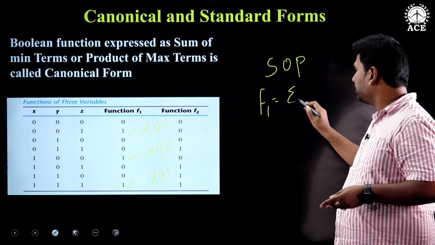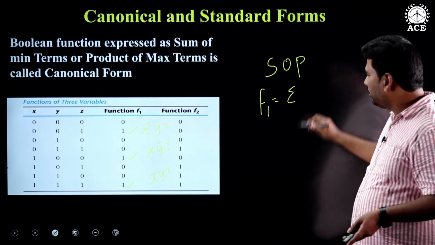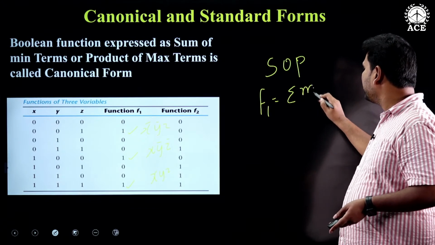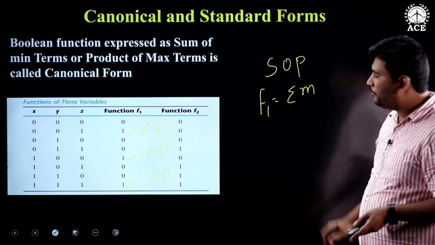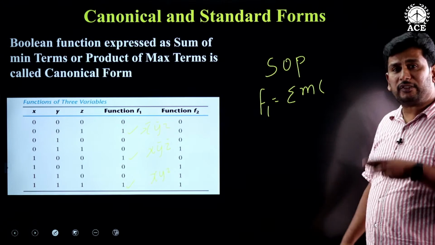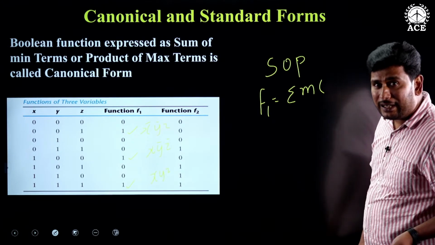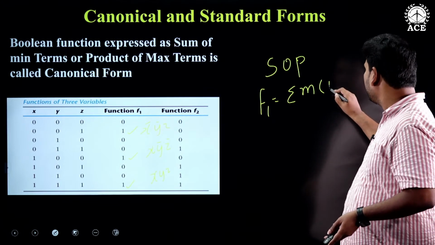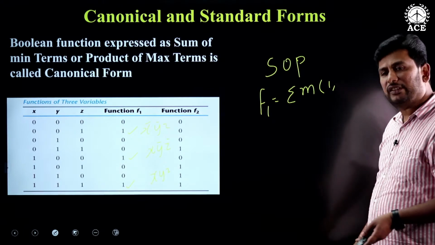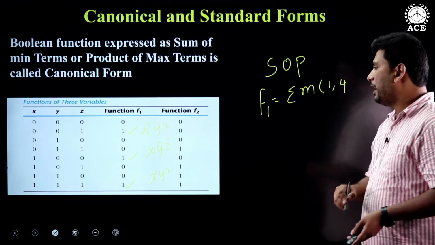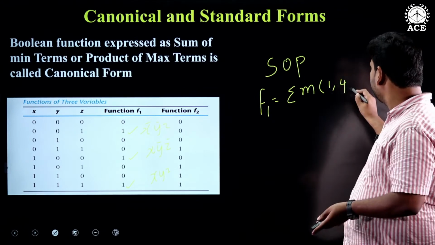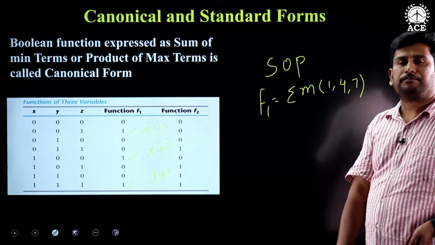What is indicated for sum? Sigma. Minimum terms are indicated with small m, and the product terms for which the function equals 1 are 0, 0, 1 which is 1, 1, 0, 0 which is 4, and 1, 1, 1 which is 7.